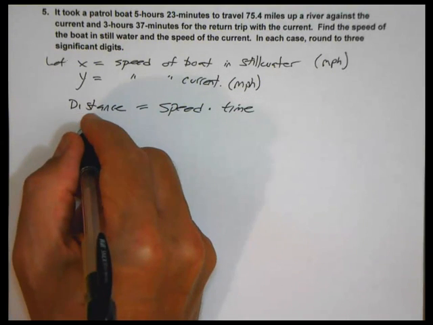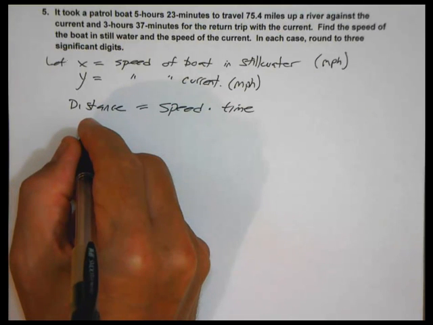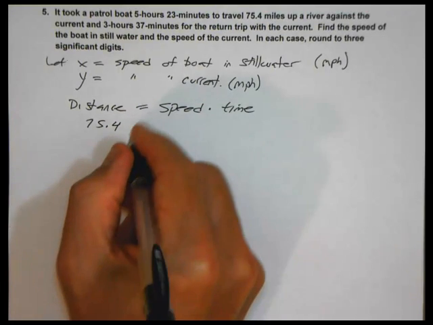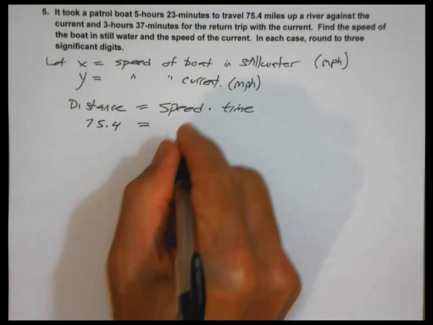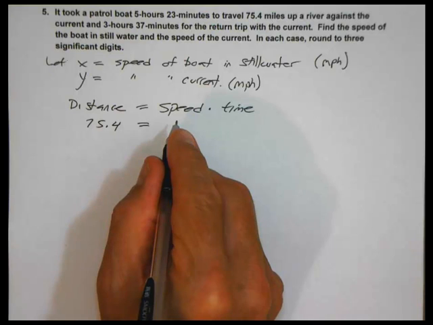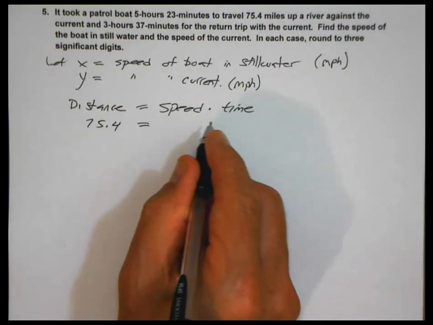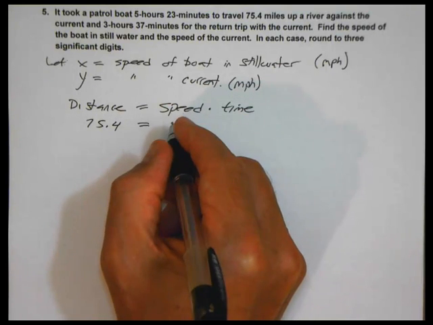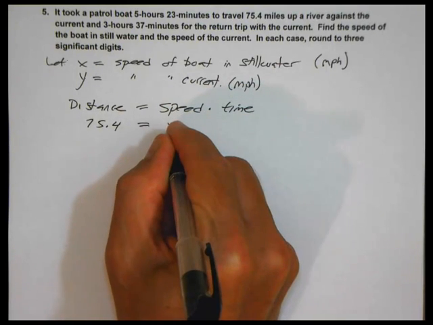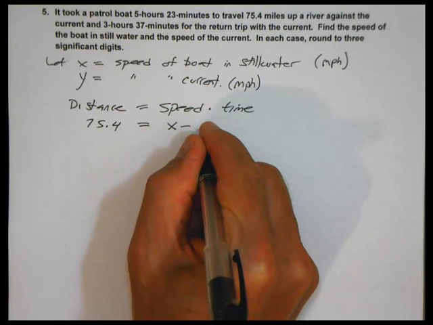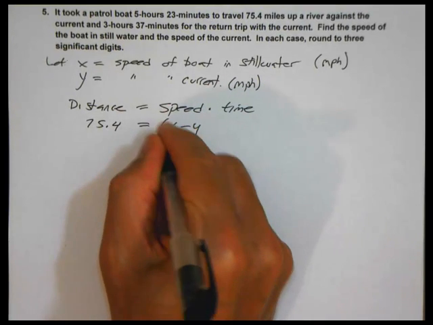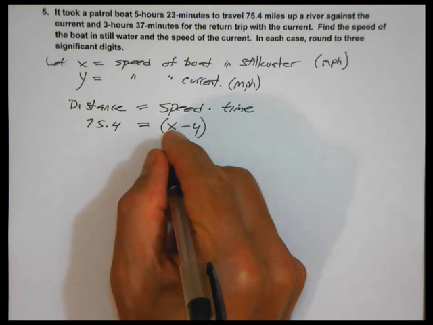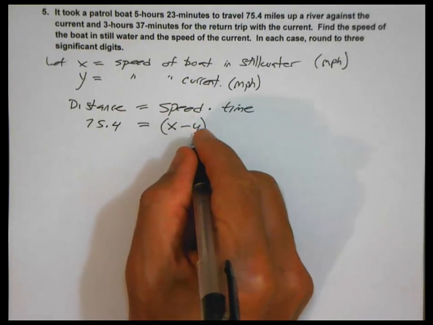Now, let's see here. The distance in this travel is 75.4 miles. The speed, when the boat is traveling up against the current, would be the still water speed minus the water speed. Water's working against the boat, slowing it down, so we need to account for that in our formulation of speed.